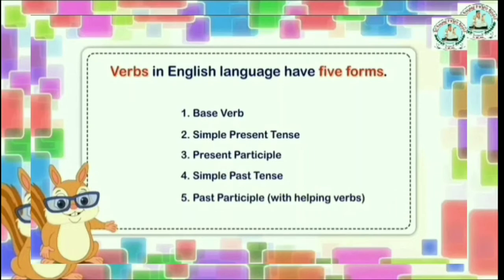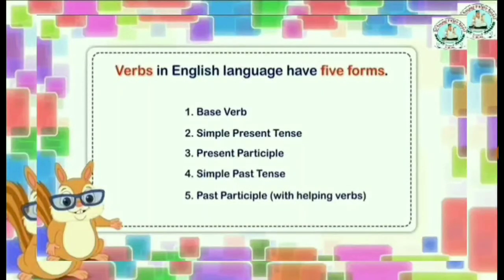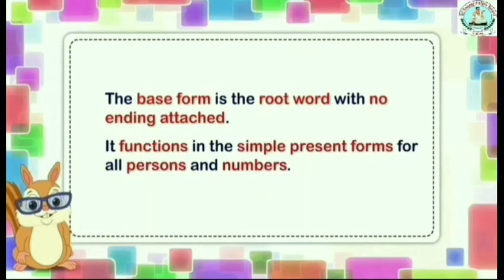As we studied about participles, there are 2 types of participle, present participle and past participle. Those are some of the forms of verbs. Is it clear? Now let us study these one by one in detail. First one, base form. The base form is the root word with no ending attached.